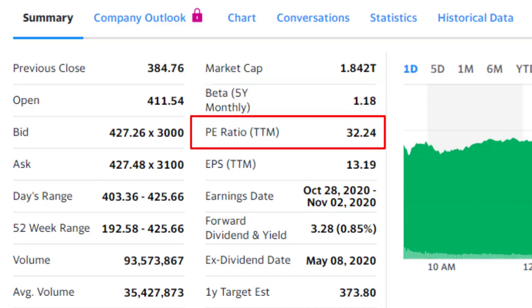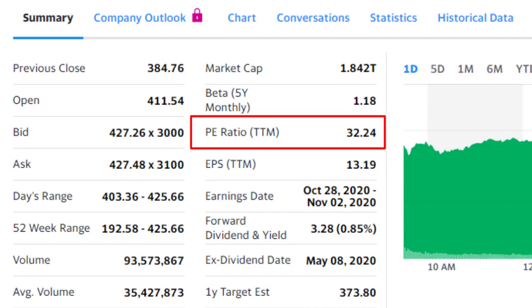Next is price to earnings ratio, or the PE ratio. Next to this indicator in brackets is the abbreviation TTM, which stands for trailing 12 months. This number is calculated using the last 12 months of earnings data. It is calculated by taking the current share price and dividing it by the earnings per share for the last year.